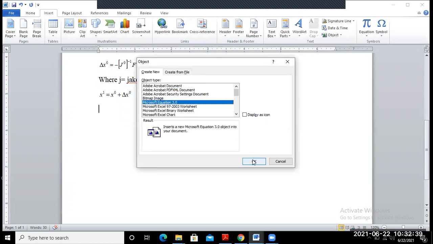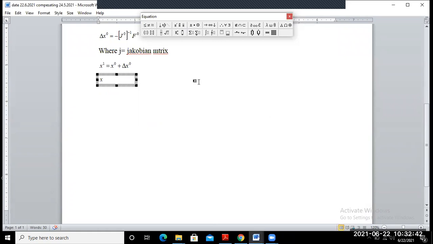Okay. So for the rth iteration, that means x to the power r equal to x to the power r minus 1 plus del x to the power r minus 1. Is it not?